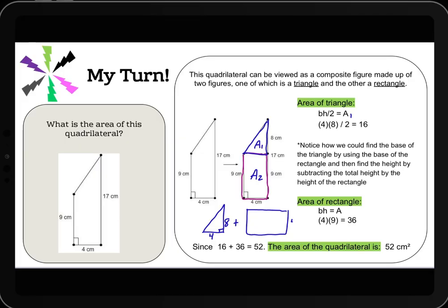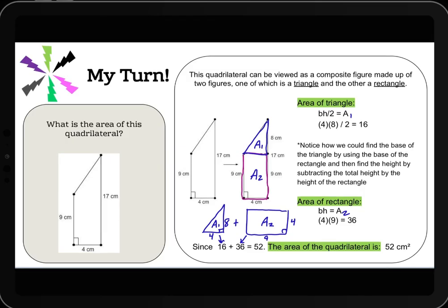So the length here is 4, the length here is 9, and you're getting the actual areas of those two figures, which you see here and here, right? So this is going to be area 1, this is going to be area 2. So they're using the formulas for the area of a triangle and a rectangle to figure out the total area of the figure. It isn't the only way to do it, however, but it is certainly one of the ways that it could have been done.